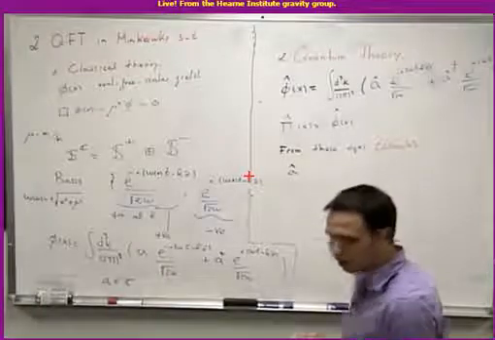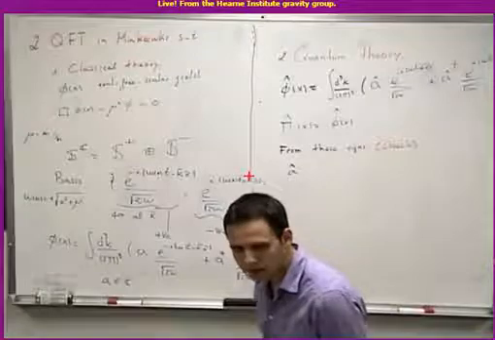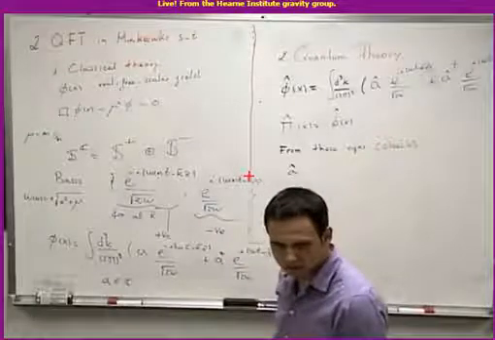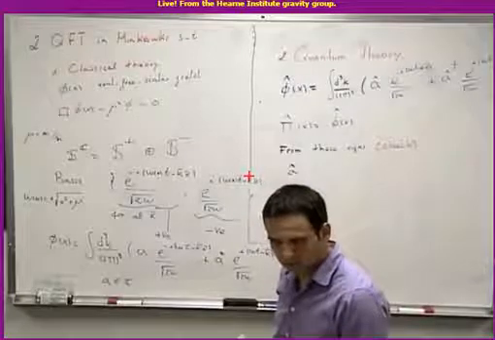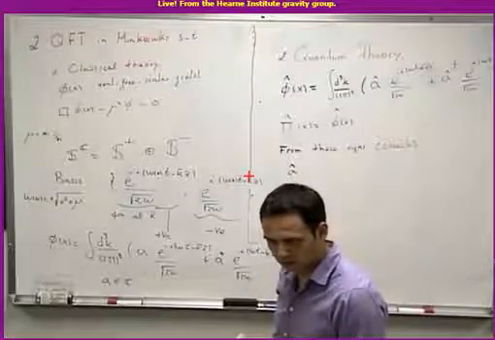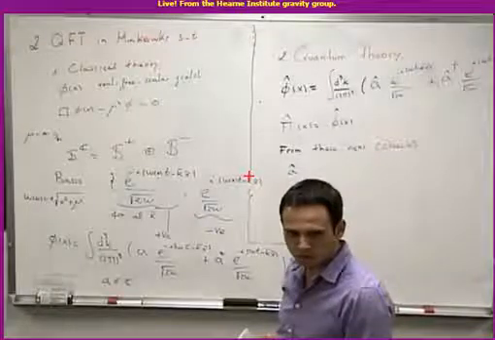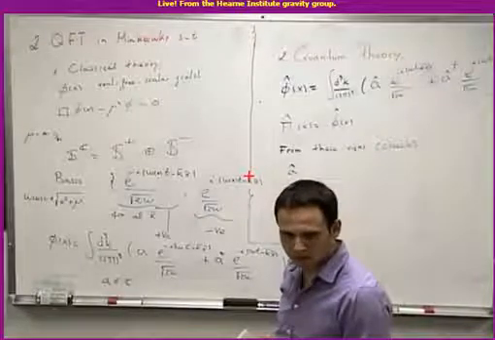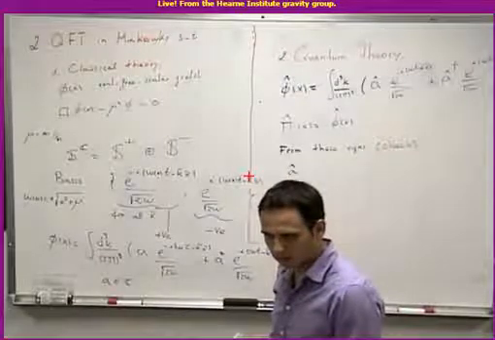Yes, because phi k is the function that satisfies the harmonic oscillator equation. Phi of x was not the one that satisfied it. No, when we go to the Fourier transform space, that's when we get that phi k satisfies the harmonic oscillator equation. Okay, I was confused because I thought phi of x satisfied that.